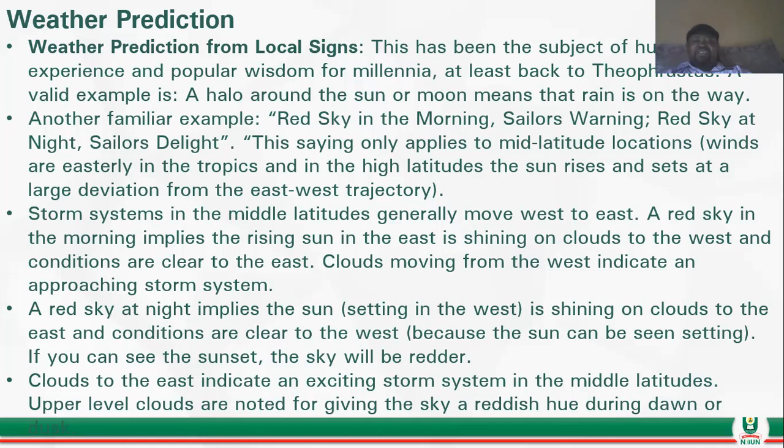This has been the subject of human experience and popular wisdom for millennia, at least back to Theophrastus. A valid example is a halo around the sun or moon means that rain is on its way.